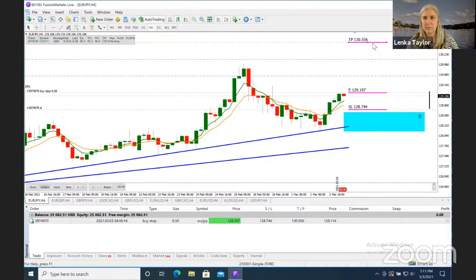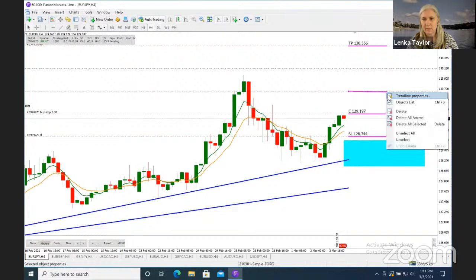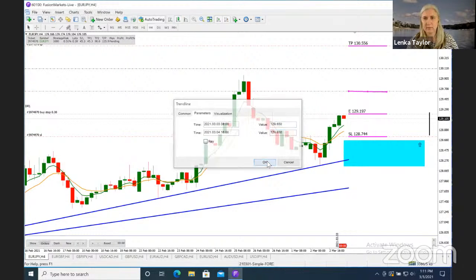Okay, so that's that one up there. Okay, close that now. So I will take the levels from here and just replicate them onto the lines. So that's TP1. There we go.